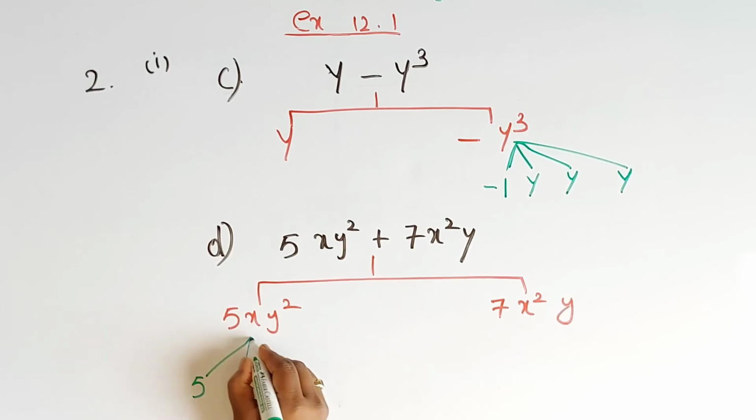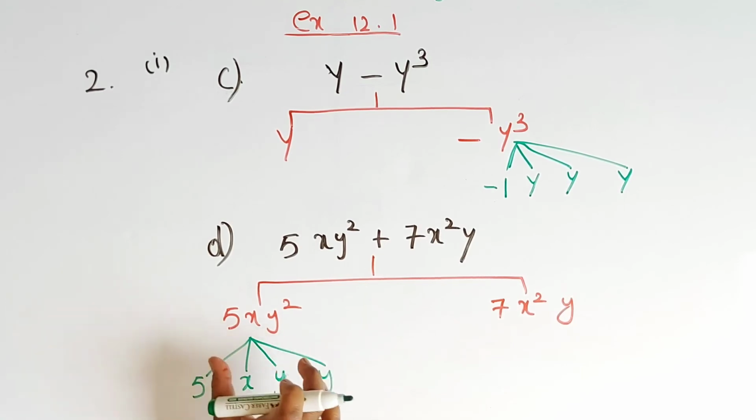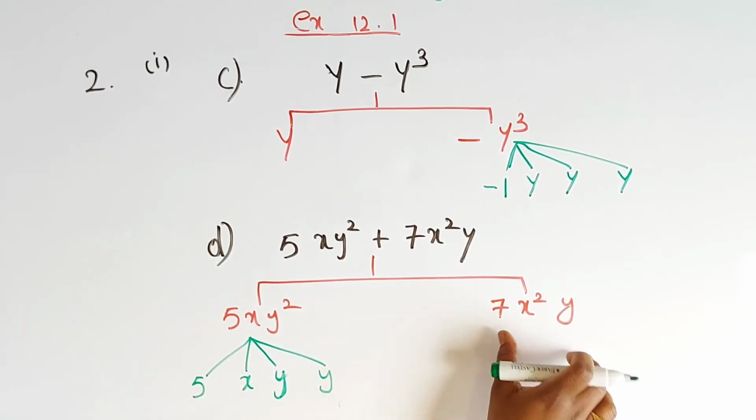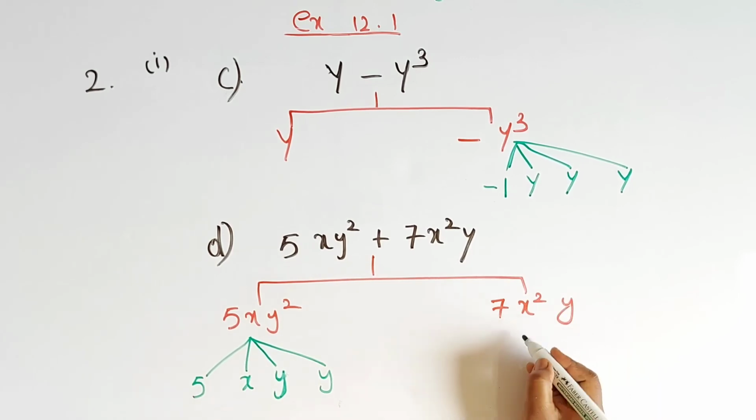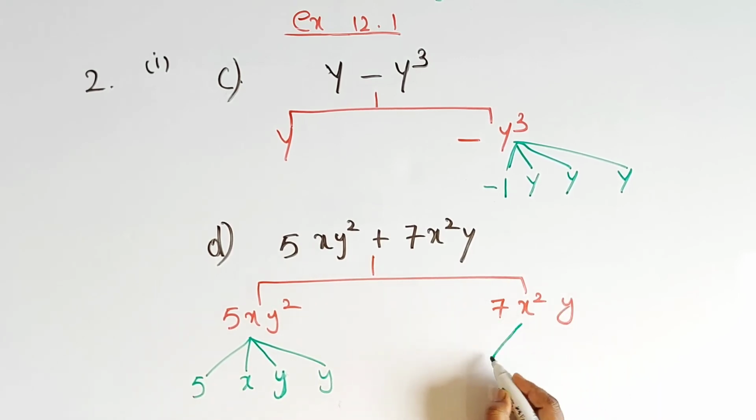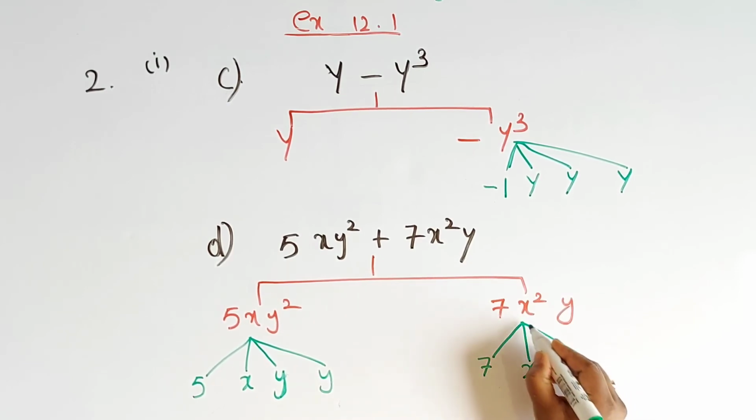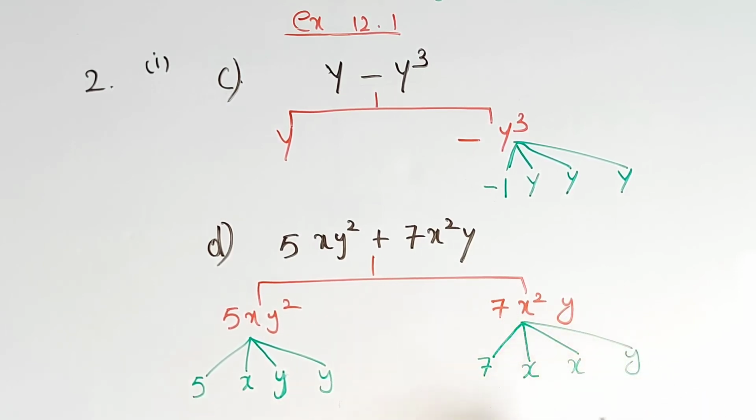That means y into y, 2 y's you have to write. 5 into x into y is 5xy square. Now see the second term, 7x square y. Here also we can factorize this term: 7 and x, you can write it as x into x, and the y here. Right, 7 into x into y is 7x square y.